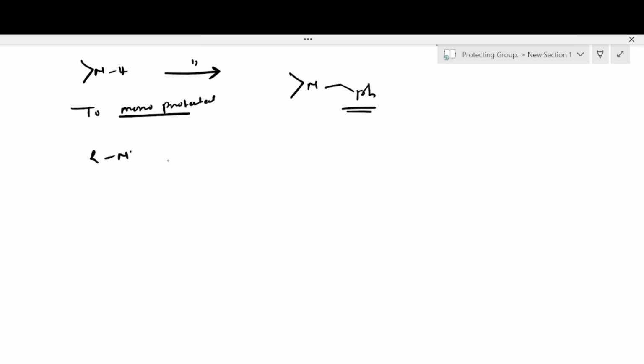Take a primary amine, then first react with formaldehyde, then it will form this intermediate. After formation of that intermediate, you have to add sodium cyanoborohydride.